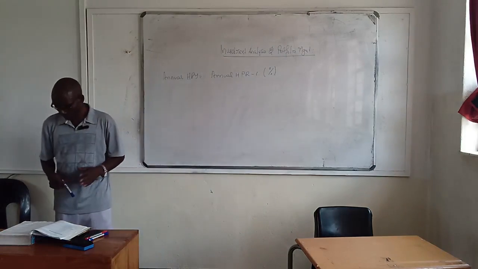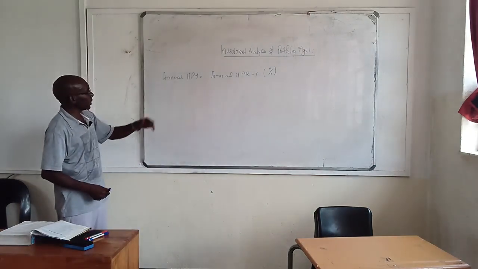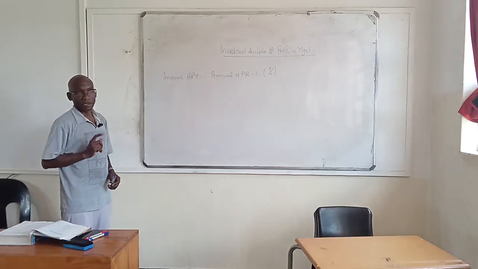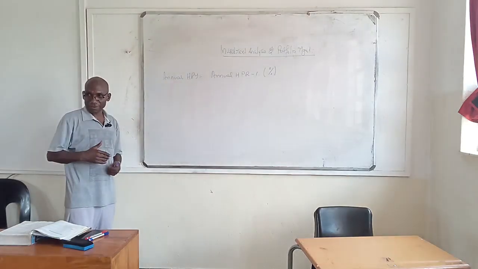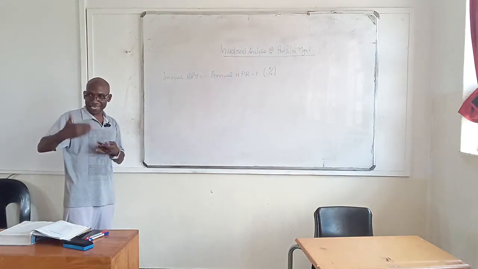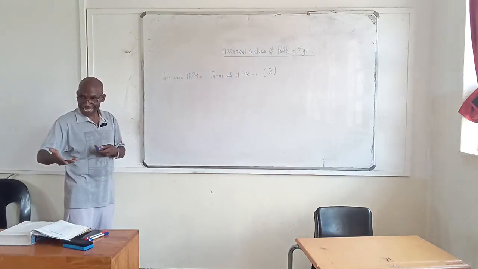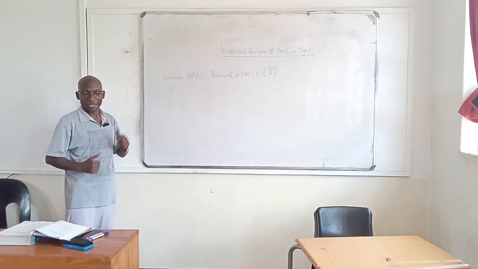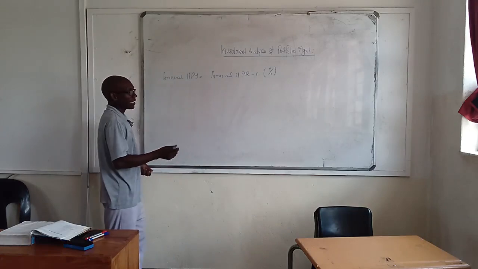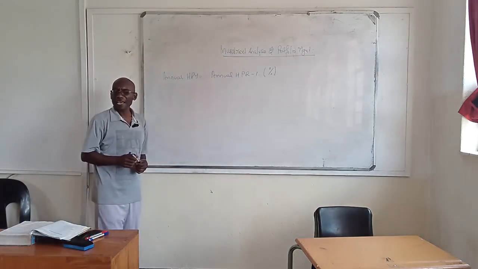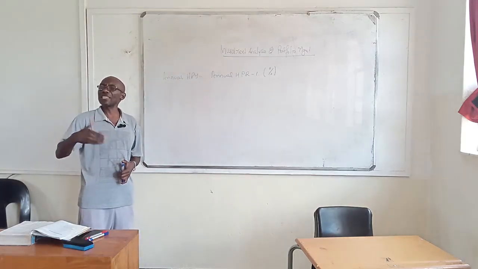Another issue is annual HPY. It means something which is happening annually, yearly, compoundedly. But the issue is, how do we calculate annual HPR? You remember, HPR is holding period return.